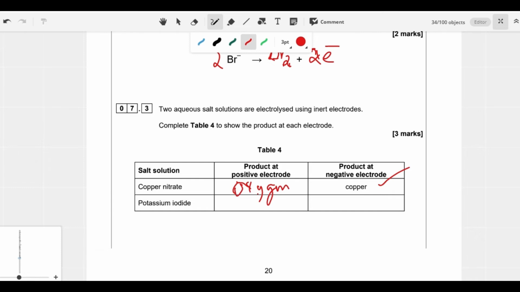Okay, and the same happens in the potassium iodide: iodine at the positive electrode, while at the negative electrode, hydrogen, H2. Okay.